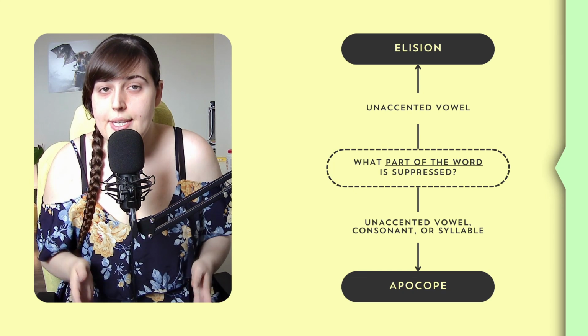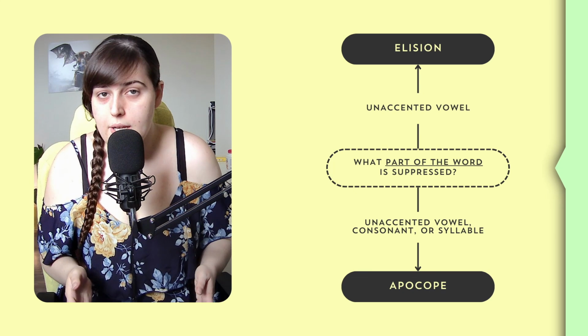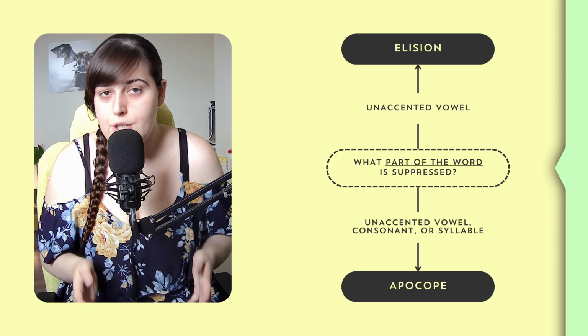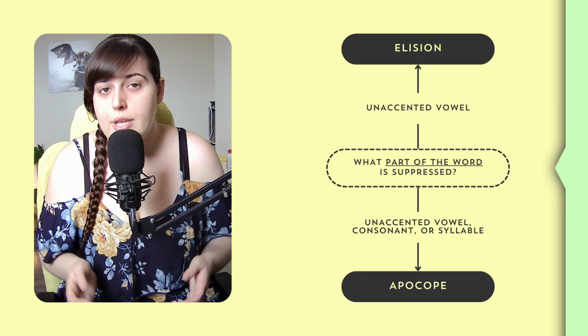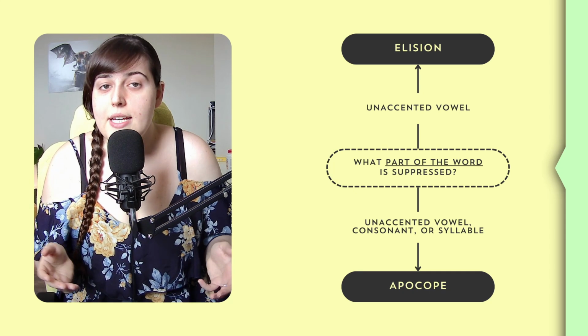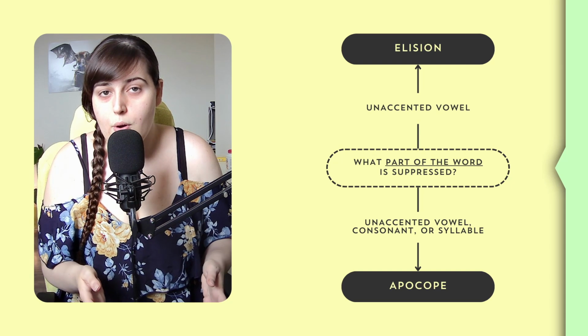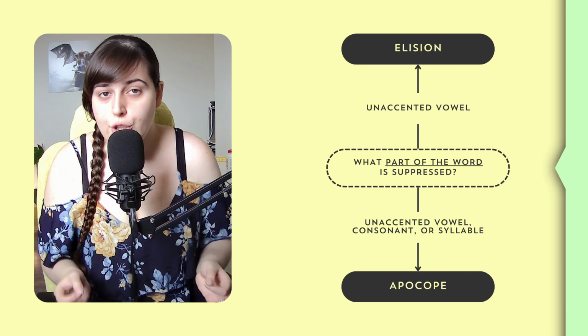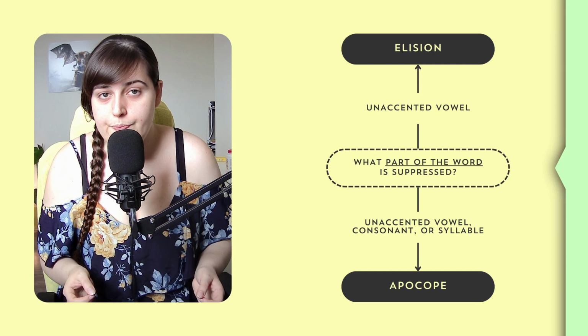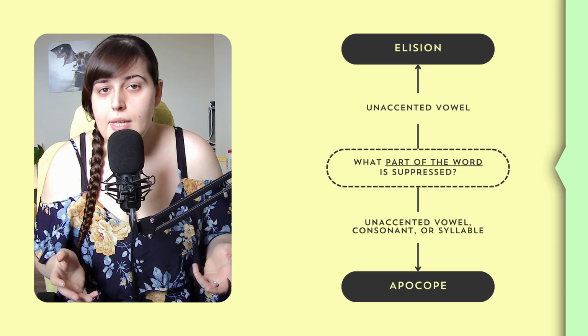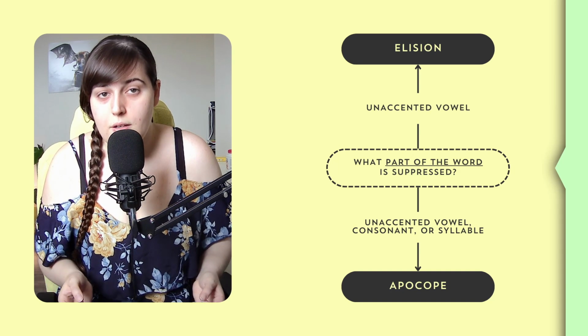If the answer is only the last vowel, then it's an elision. So we should put the apostrophe. But if the answer is other than the last vowel, then it's an apocope. So we shall not put the apostrophe. For example, let's take the word bello.